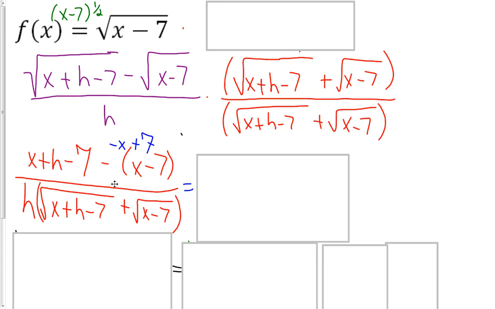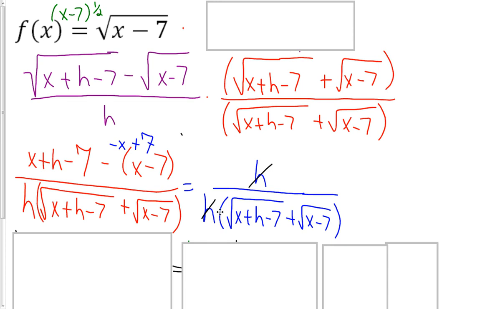Minus quantity x minus 7 gives us a minus x, opposite of minus 7, plus 7, and then we look for what cancels. We got minus x, and the x cancels. Plus 7, minus 7 cancels, and we're left with h. So you rearrange those, but you can see where those are going to cancel and just get h in the numerator.